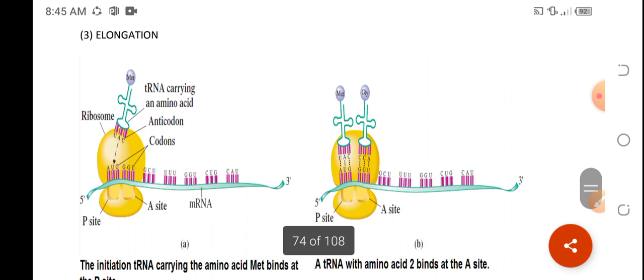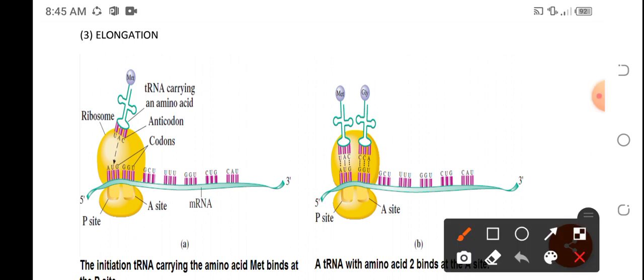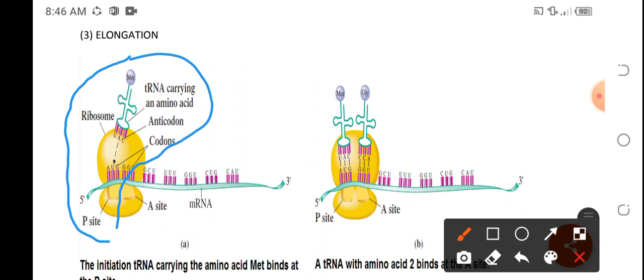Now, we have the third process, that is elongation. In elongation, the amino acid chain will grow longer, because we know that proteins contain at least 40 amino acids in their structure. So once it has been initiated, as we said earlier in initiation, the tRNA carrying methionine goes to the P site, the peptidyl site.